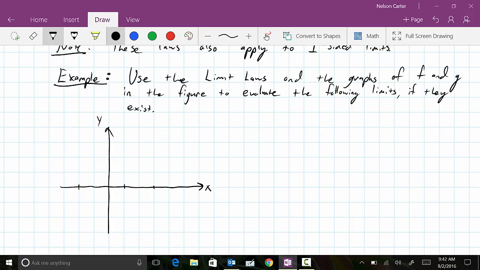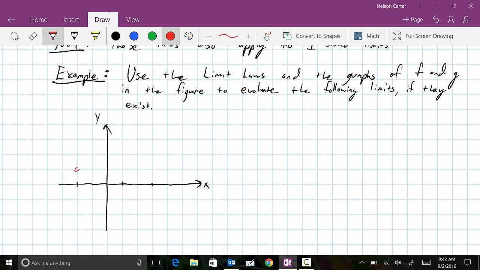Also, this is 3. So this first function that I'm drawing represents f.